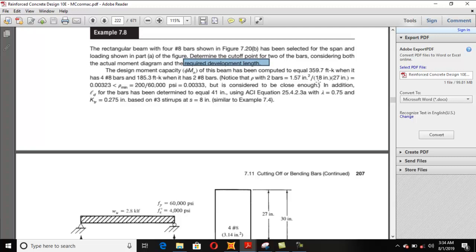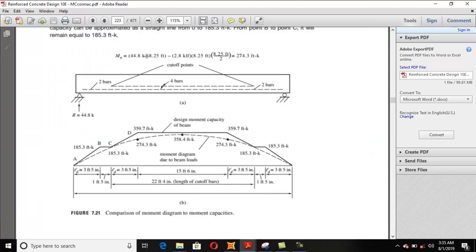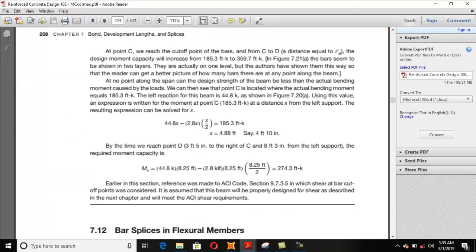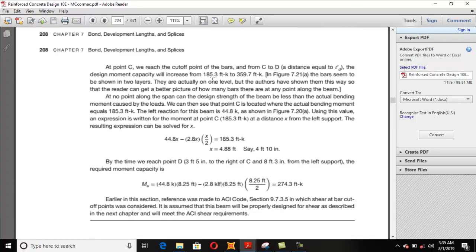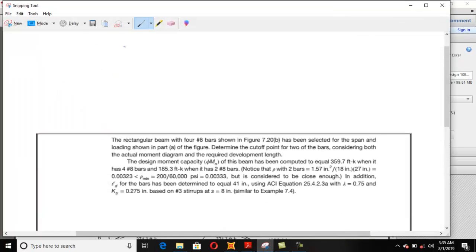Whenever we are making calculations to determine the moment capacity, like in the basic equation for phi Mn, if we take 0.9 times As fy times d minus a over 2, here we are using fy, not fs.